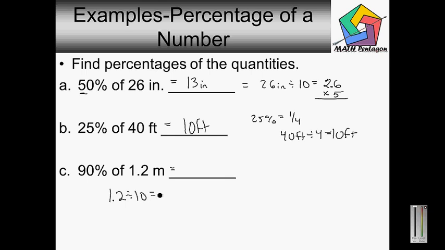First you have to find 10% of it, and what you get in your calculator is 0.12. Then I'm going to multiply that by 9, and that's going to give me 1.08 meters. So the answer to this would be 1.08 meters.